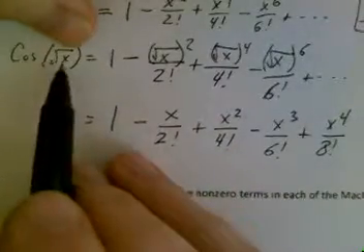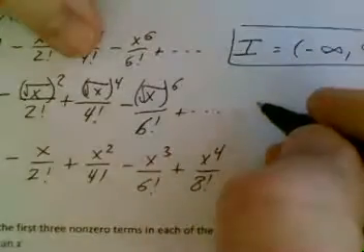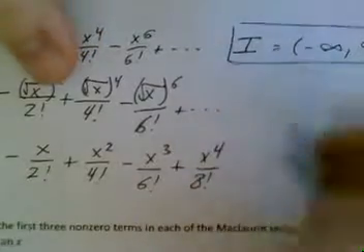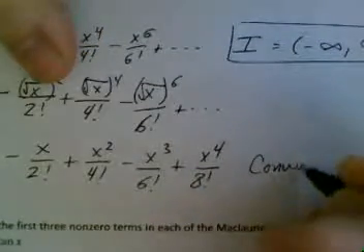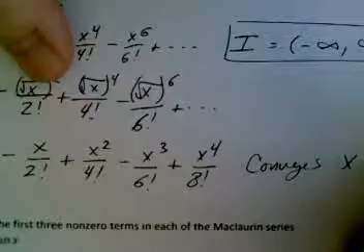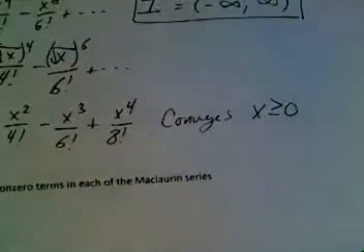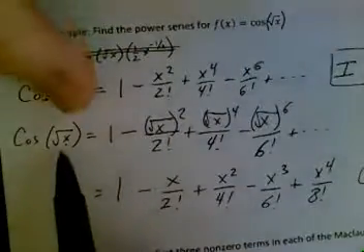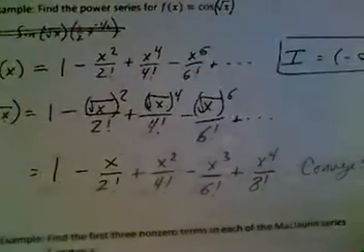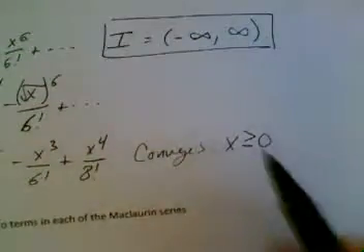Again, as long as x is not negative. So really, my convergence is for x greater than or equal to 0, because it has to be positive. Okay? Again, it's because of the square root of x, you can't plug in any negative numbers, so this is only the set of numbers that I can plug in.